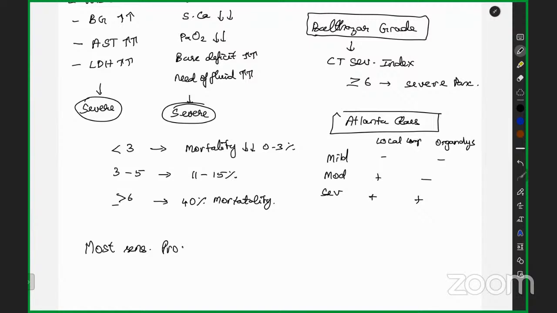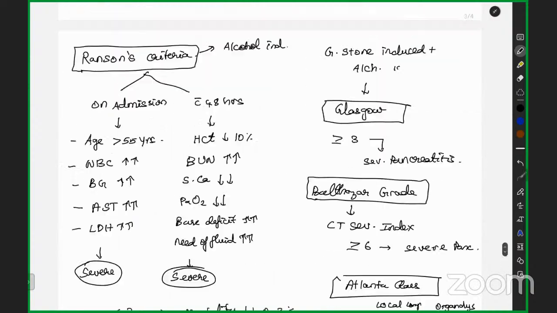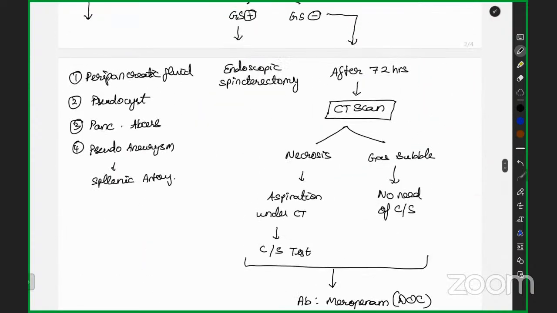Which one will tell me exactly whether my patient is going to improve or not? Any guess? Hematocrit. So hematocrit is the most sensitive prognostic factor.